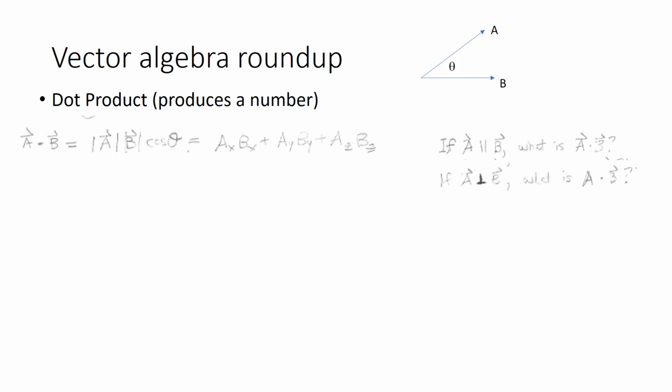All right, so that's the dot product. Let's talk about the cross product. The cross product, rather than producing a number, produces another vector.